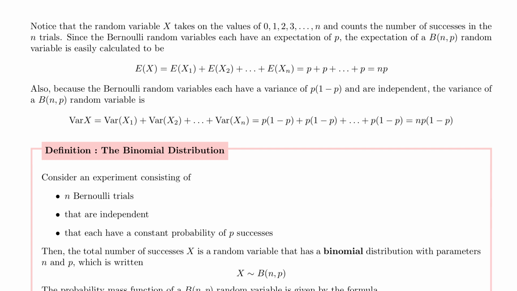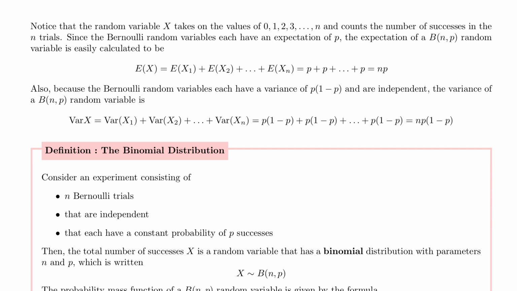So what that means is your binomial random variable x could be 0 because maybe you never got a success, or maybe out of your n trials you got 1 or 2 successes, or 3, or maybe 8 or 10, or however many you ran, which would be n. So the values that x can take on are integers between 0 and n. You either had no successes or you had all successes or any number in between the two.